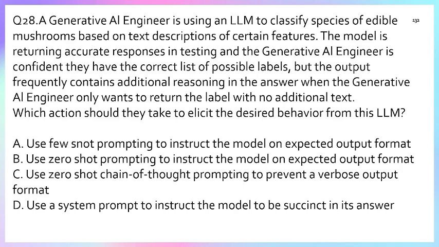This is similar to zero-shot prompting, but using a separate system-level instruction. However, few-shot prompting provides concrete examples of the desired output, so it is often more robust for enforcing a specific format. So the correct answer is option A.